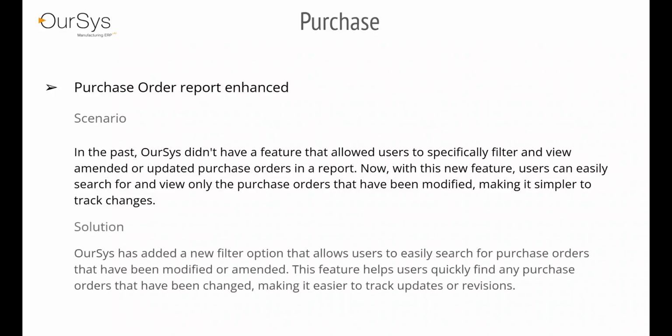So in this version, OurSys has now introduced a new filter called Amendment Purchase Order, which lets the user get a list of purchase orders which are still under draft mode or amendment mode, making it easier for them to filter this report.